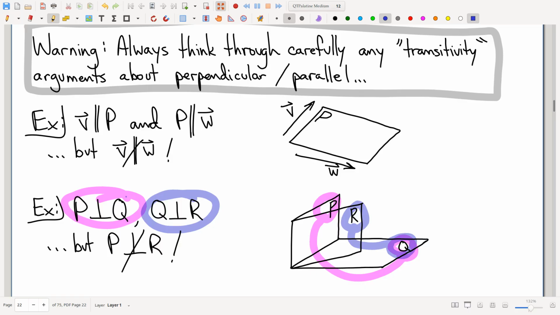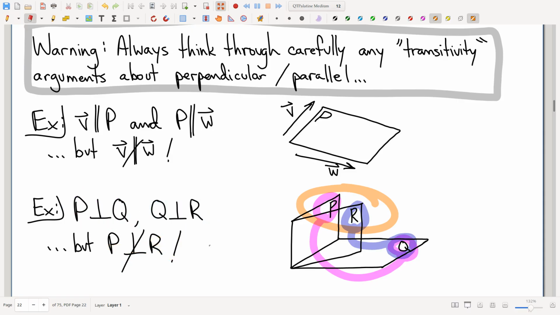Maybe perpendicular or parallel. Seems like they ought to have some sort of relationship. Nothing of the sort, right? There is no immediate relationship that you can conclude between P and R. You generate all the counterexamples you want. Does that make sense to everybody? Okay, so be aware of these transitivities.